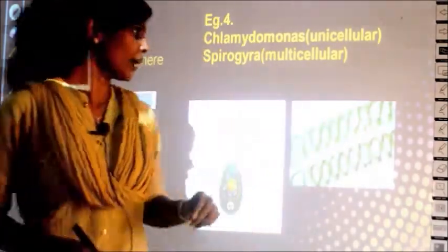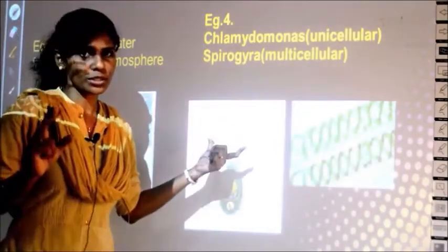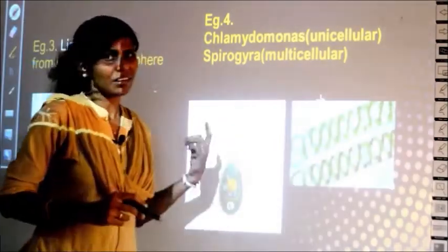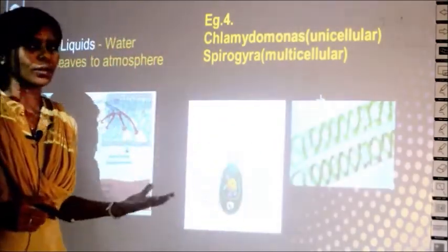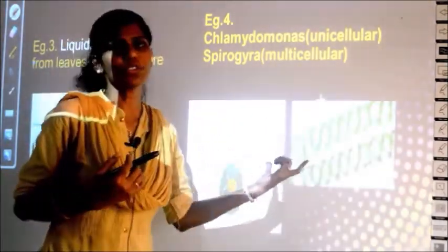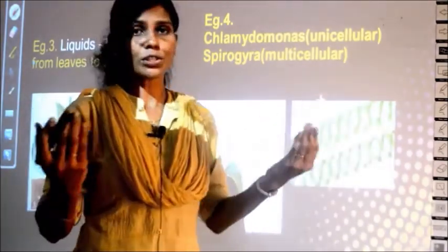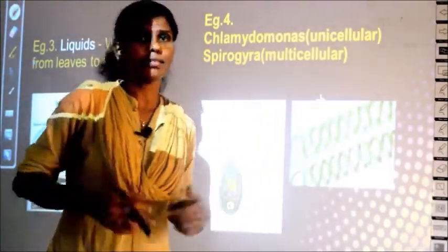And finally you have one more example. In Chlamydomonas, which is a unicellular organism, they don't have a mouth, right? So simply by the process of diffusion they take in their nutrients.